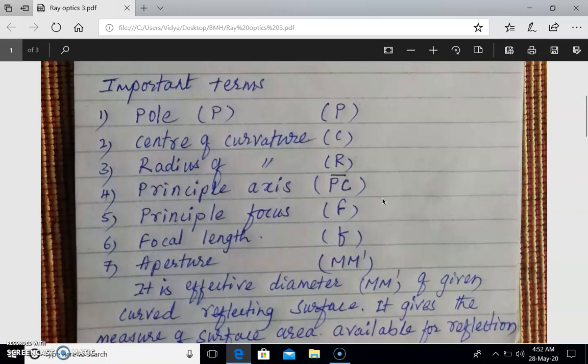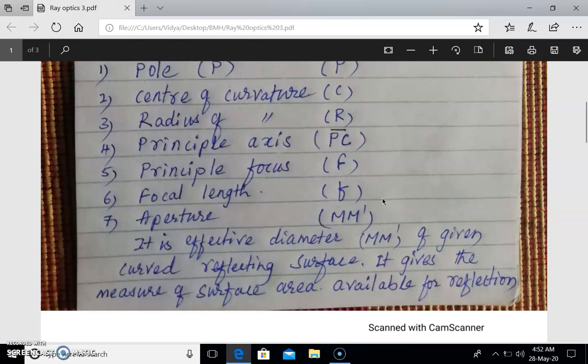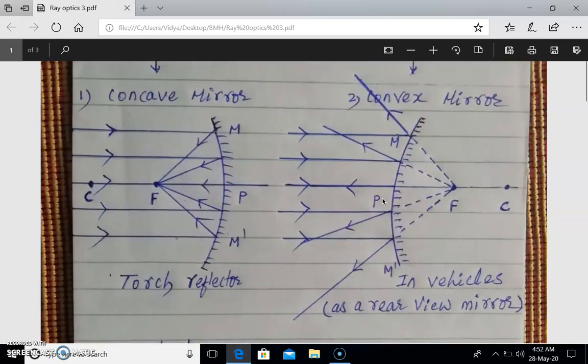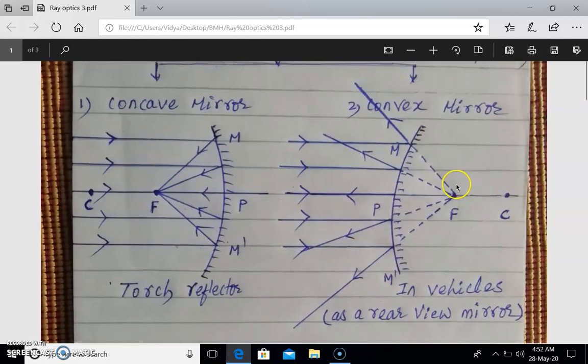Important terms are pole, denoted by P, center of curvature C, radius of curvature R, principal axis, principal focus denoted by F, focal length denoted by small letter f, and aperture. So refer to the diagram.